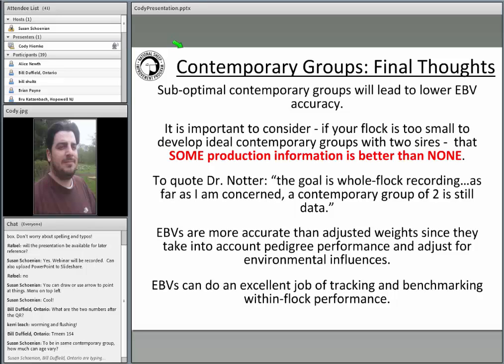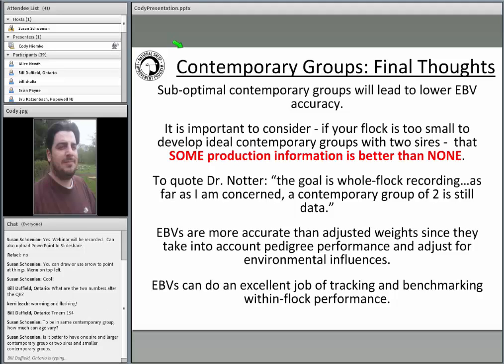And for people with smaller flocks, even though you may have suboptimal contemporary groups, EBVs are still going to be a better option than adjusted weights. And the way the system works, it gives you some excellent benchmarking and tracking tools about your within flock performance.